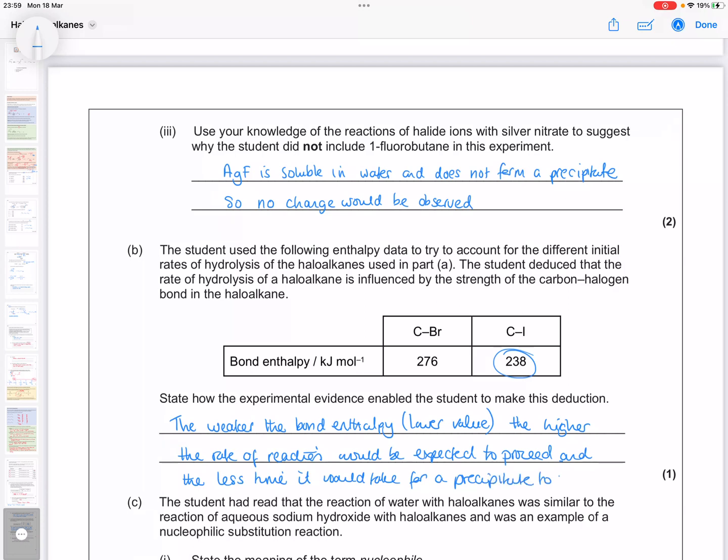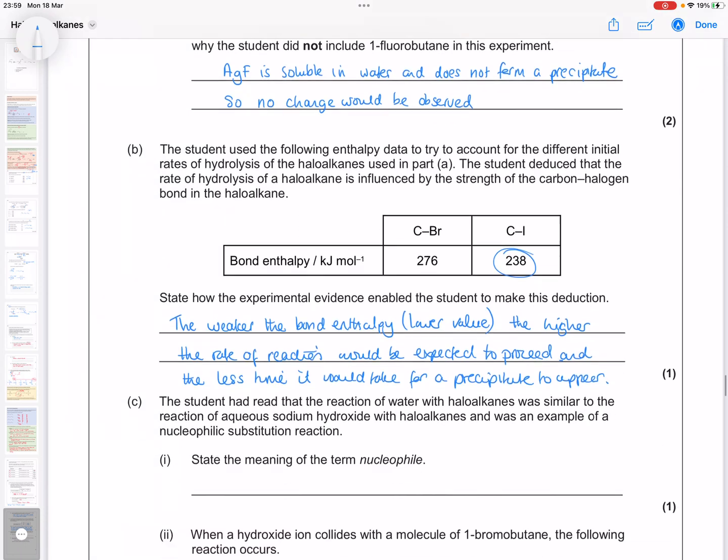I think I've written a lot for 1 mark there, but that just about sums it up. So the weaker the bond enthalpy, the higher the rate of reaction would be, and the less time it would take for the precipitate to appear.